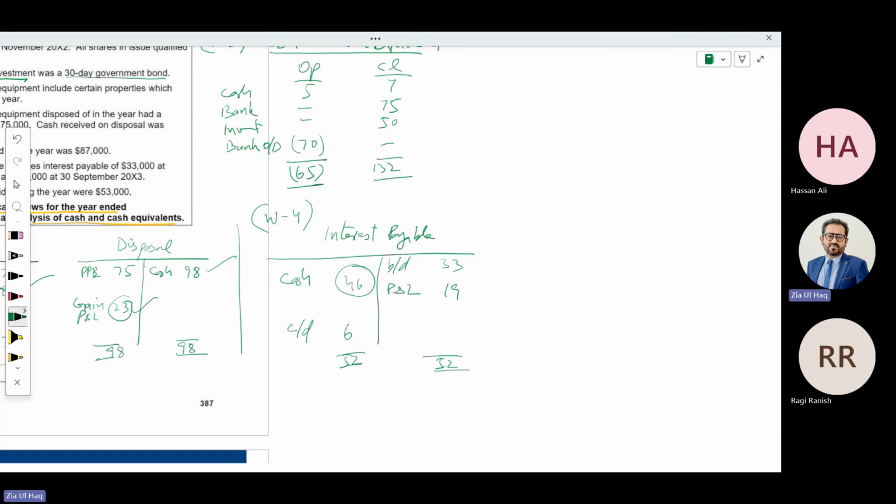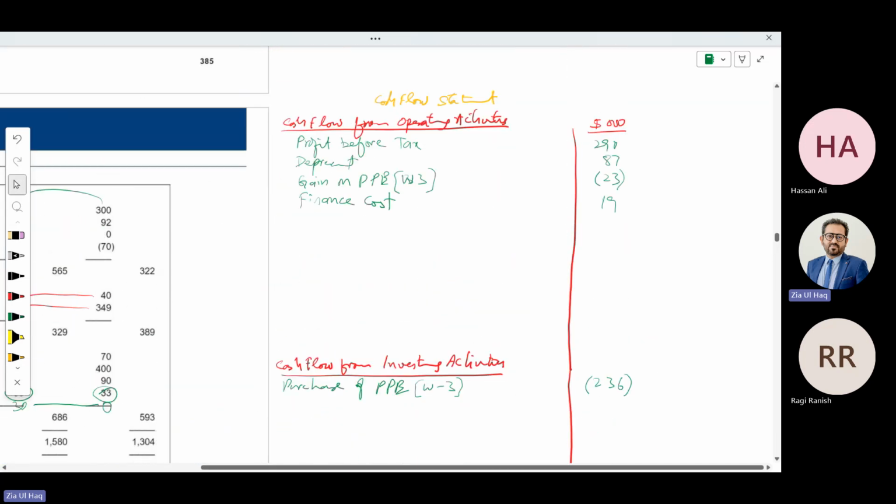So 46 interest paid, where should we record it? Here, in the cash flow, cash generated from operations. Here we can put a heading: cash generated from operations.